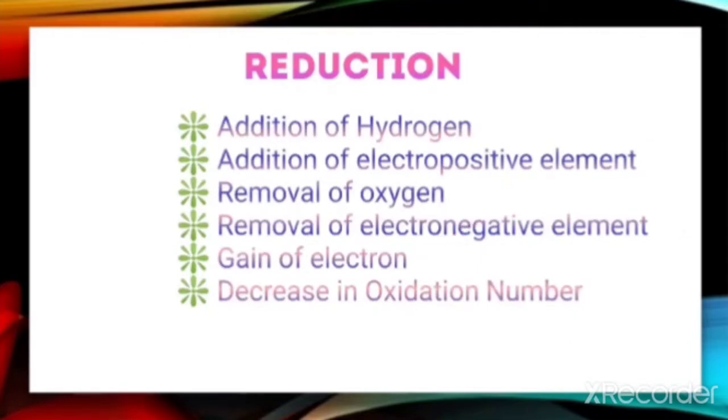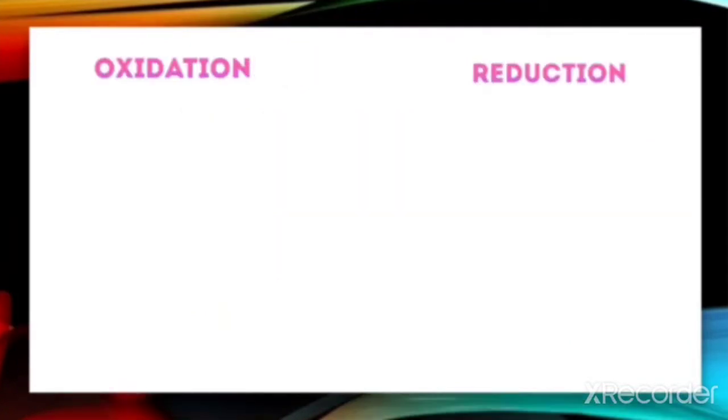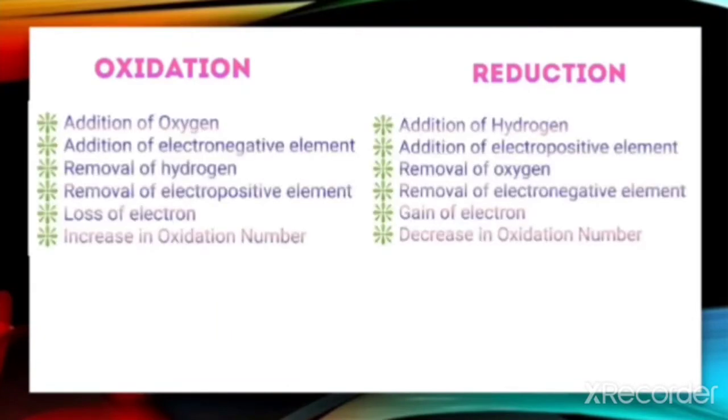When we do a comparative study of oxidation and reduction, we can say that the addition of oxygen is called oxidation, but the removal of oxygen is called reduction. Removal of hydrogen is oxidation, but the addition of hydrogen is called reduction.